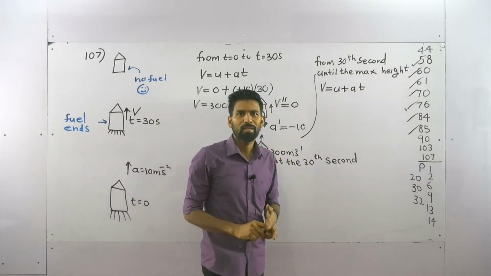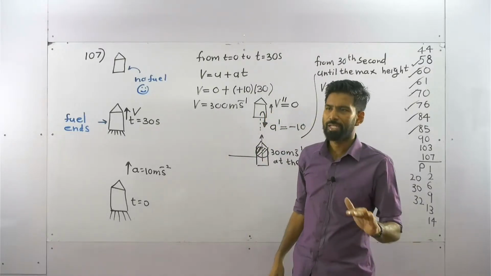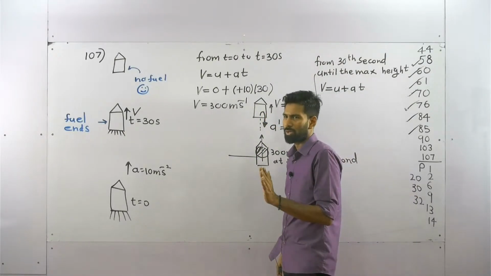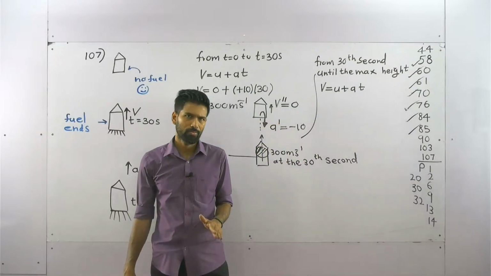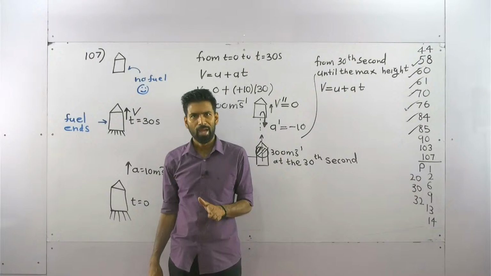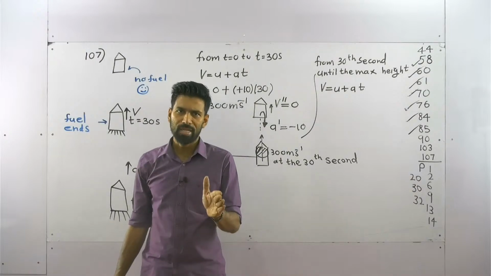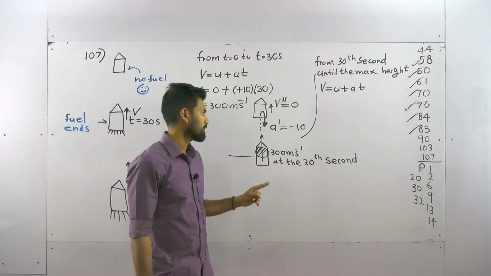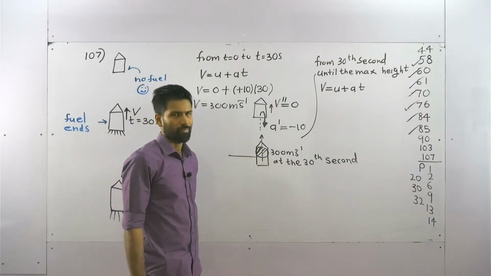Okay, until the 30th second, fuel is there, it's burning, and this creates the additional force by which the rocket gains acceleration, and it was accelerated for 30 seconds with a value of 10 upwards and got a velocity of 300 meters per second.